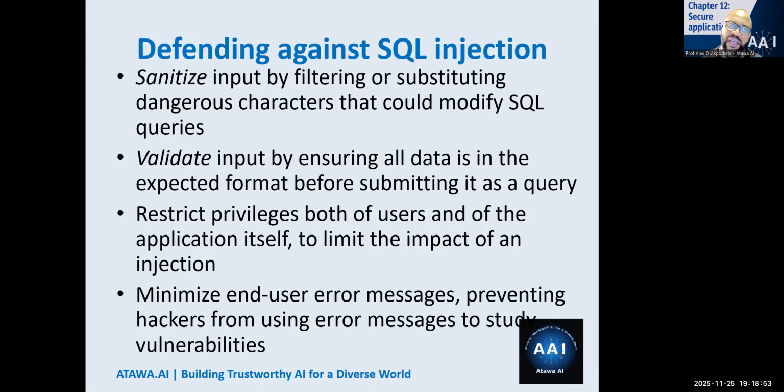Sanitize your input by filtering or substituting the dangerous characters. Validate the input, making sure that all the data is in the expected format before submitting it as a query, like it should be numbers instead of characters or vice versa. Restrict the privileges both for the users and the application itself, so that if there's a problem with the injection, you reduce the impact of it.